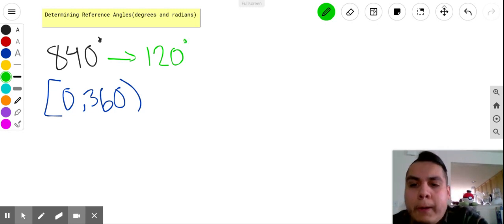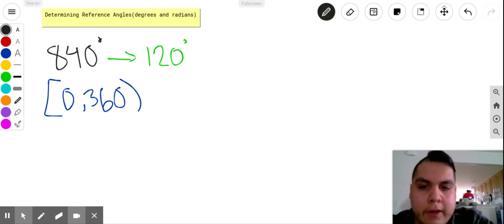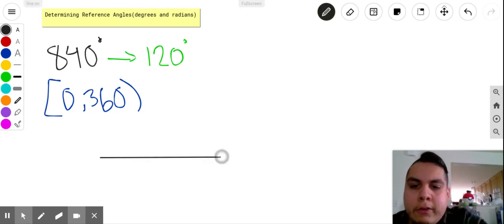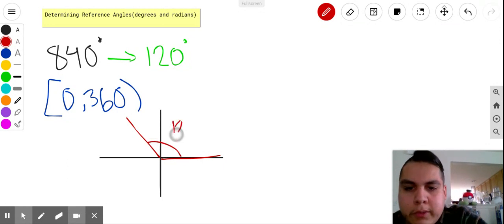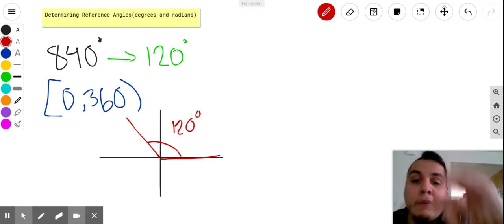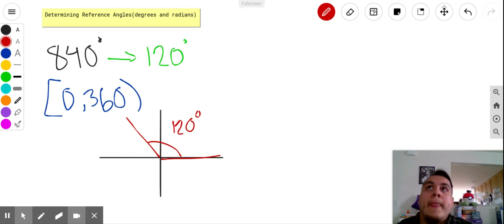All right. So if I draw this out, I know that this angle will look something like this. It's going to start here at the 0 degrees and it's going to rotate 120 degrees. So that's the 120. To get the reference angle, I'm just looking to see how far off the closest x-axis is this angle.